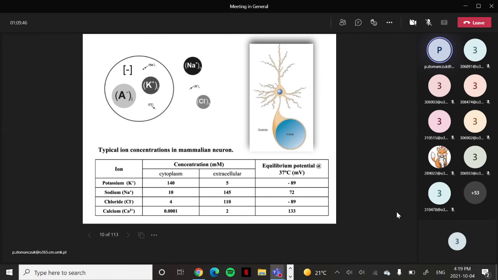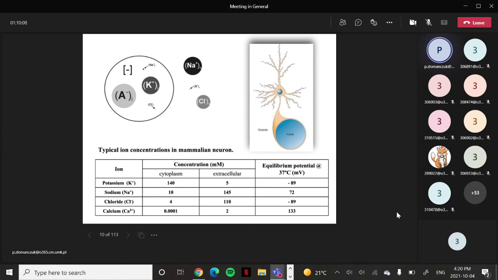On the schematics in the upper left corner, you don't see one important ion, which is calcium ion. It is placed in the table down here, and this is important. It plays a lot of important functions.